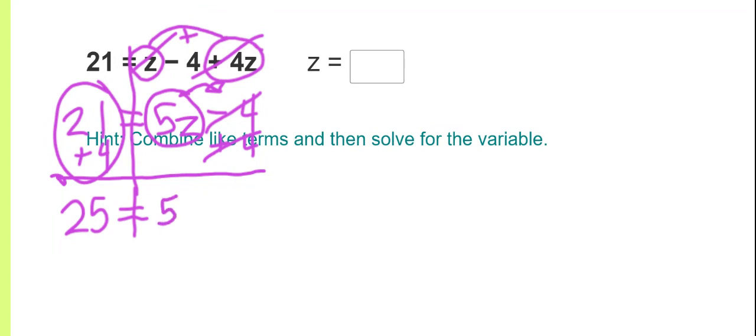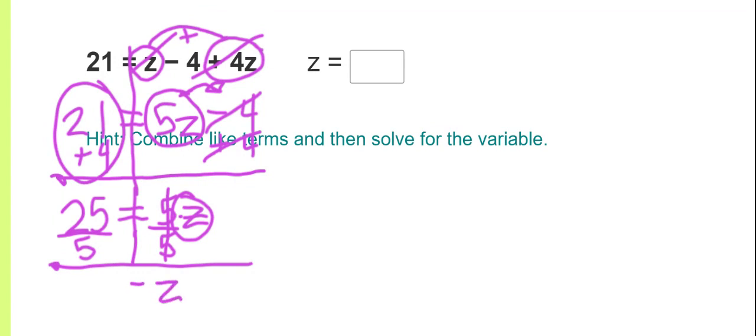We bring the variable term down to the next step. This is multiplying, so we're going to inverse, do the opposite of multiplying, divide by 5, and then go to the other side, and then divide by 5 also. 5 divided by 5 becomes 1. Now z is by itself. Z is equal to 25 divided by 5.